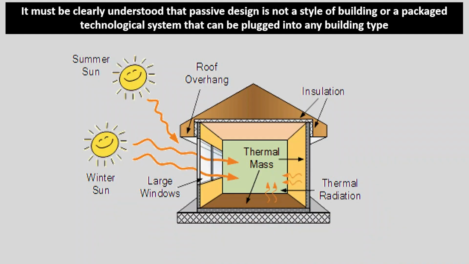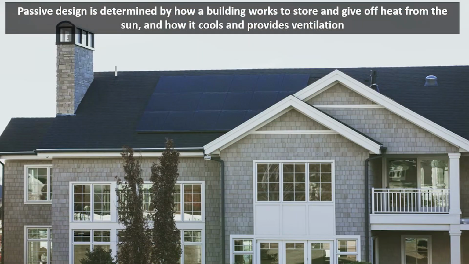It must be clearly understood that passive design is not a style of building or a package technological system that can be plugged into any building type. Second point must be in there. Passive design is determined by how a building works to store and give off heat from the sun, and how it cools and provides ventilation.